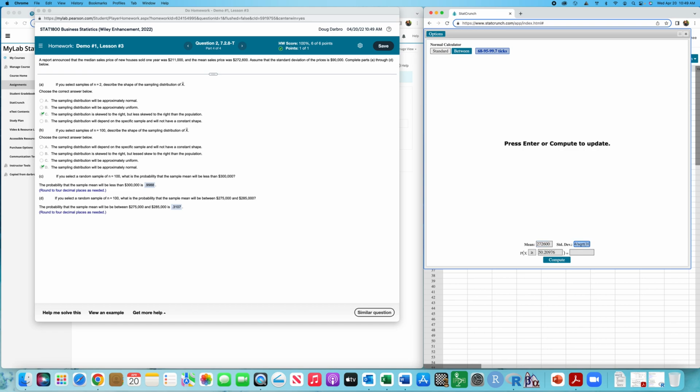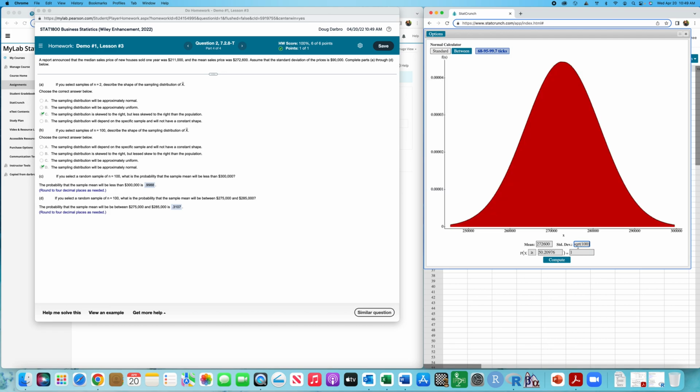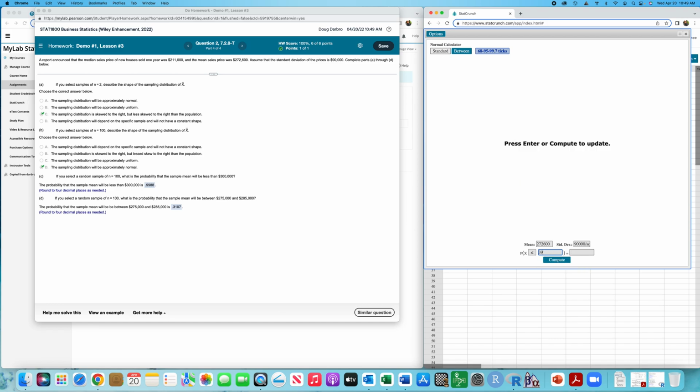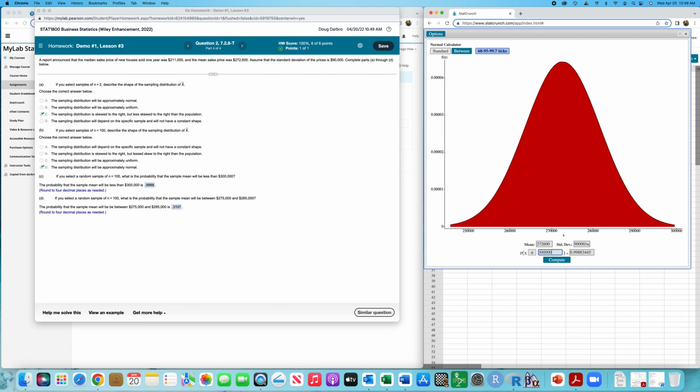I need to put the standard deviation, which is 90,000, divided by the square root of the number of houses, which in this case is 100. And I need less than 300,000. So I get 0.998, which you can see I entered right there.